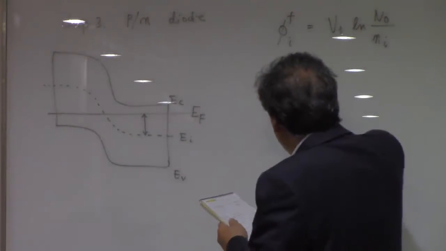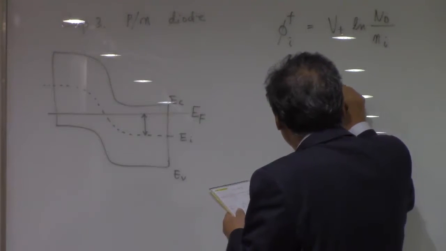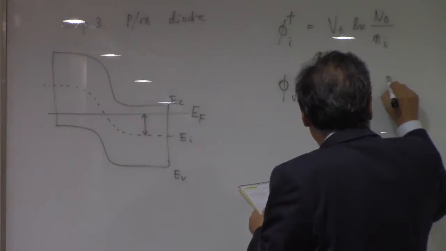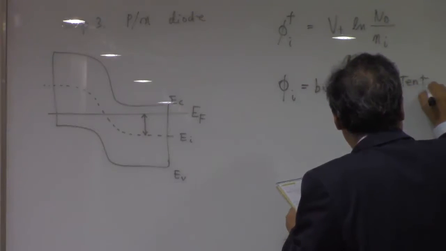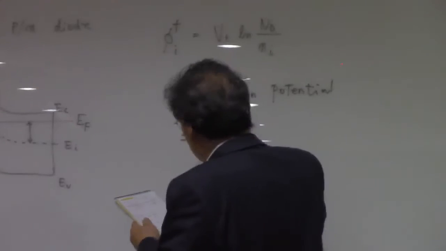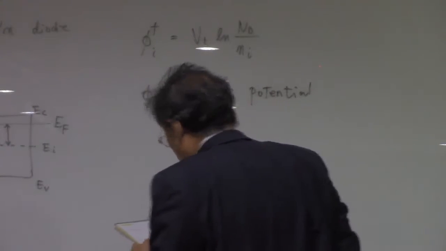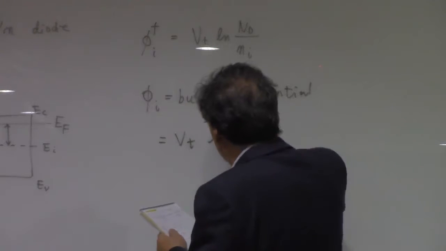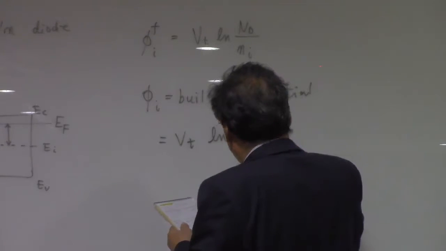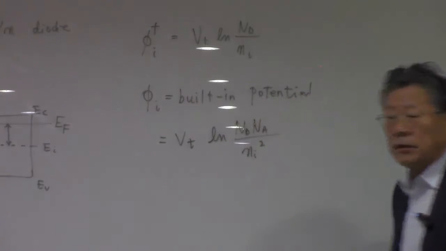And phi I, which is the built-in potential, is Vt ln Nd Na over ni squared in this PN junction.